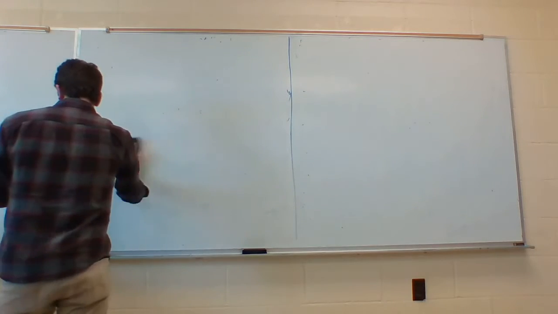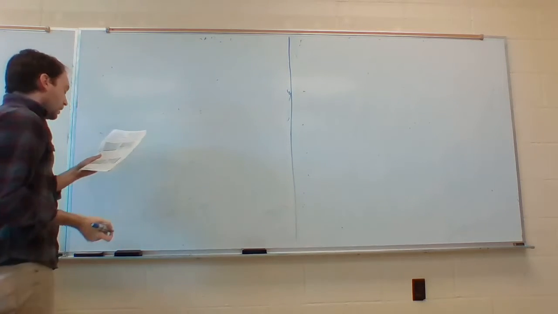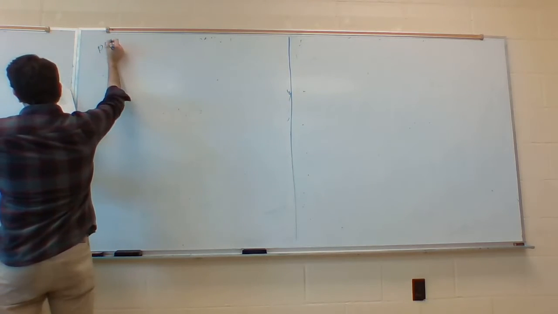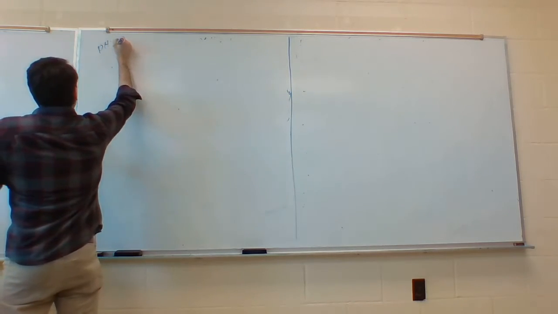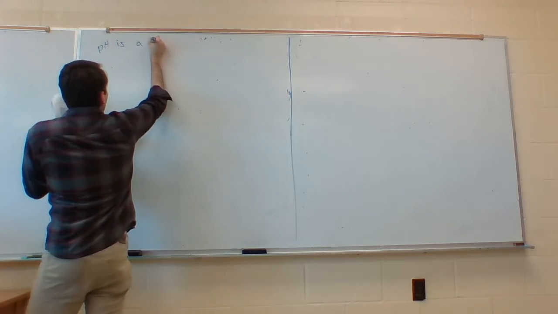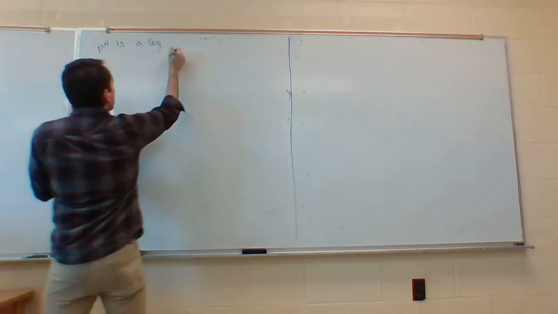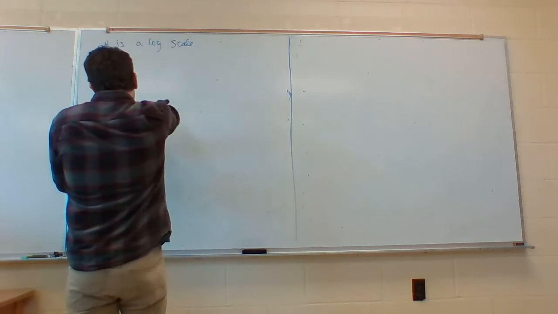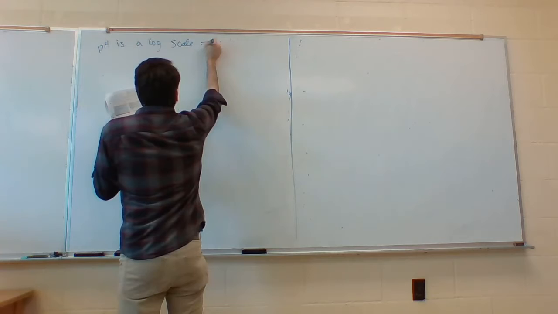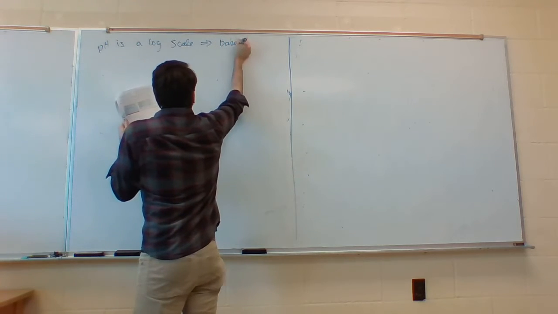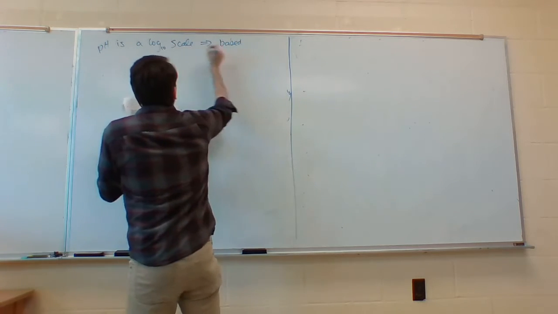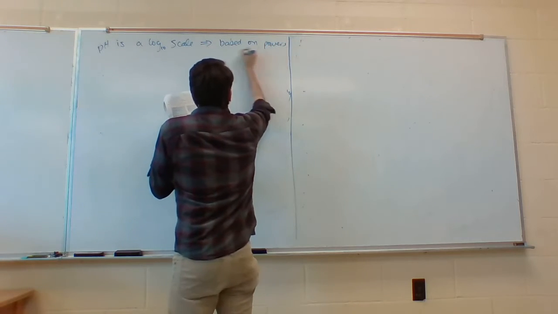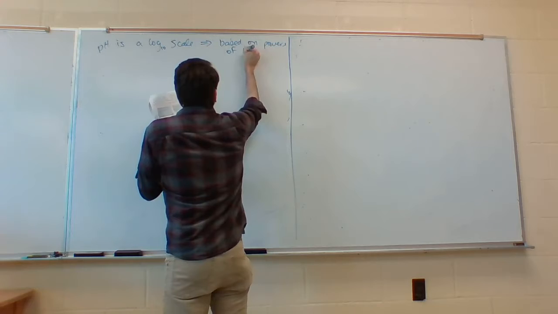Now, for every pH change, pH is a log scale. What that means is that it is based, in this case, on a log base 10, which means it's based on powers of 10.